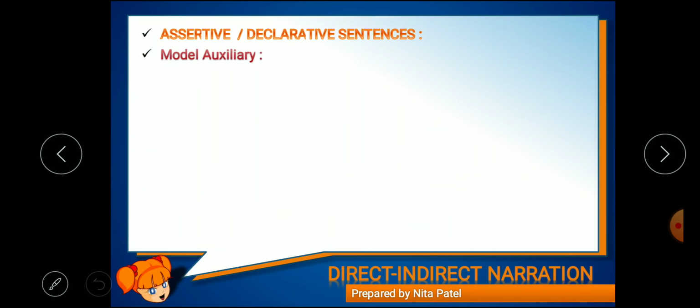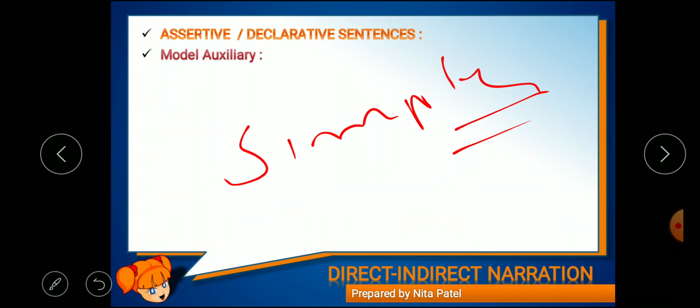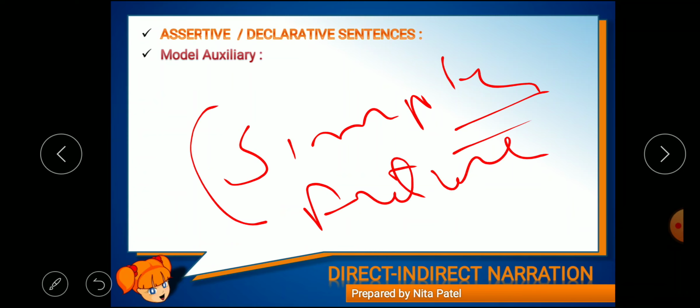Okay, now we'll see the modal auxiliary. In active, passive, and in direct, indirect, wherever the modal auxiliaries are there, we consider them as the simple future tense. So whatever necessary changes we make in the simple future, we'll have to apply all the things for modal auxiliary.